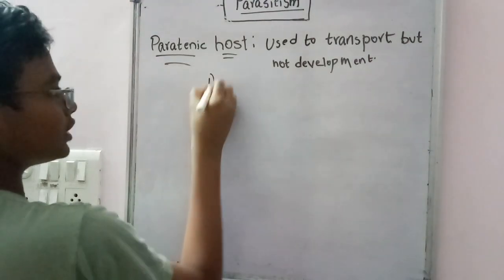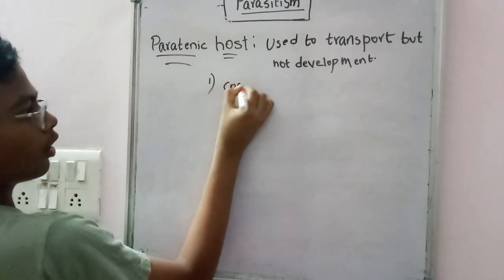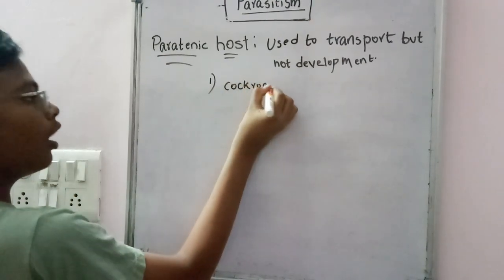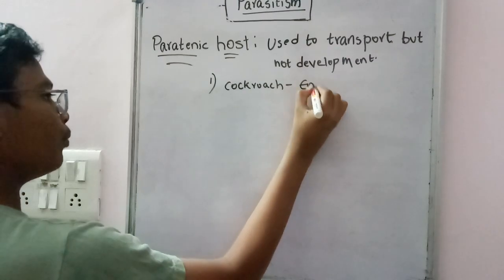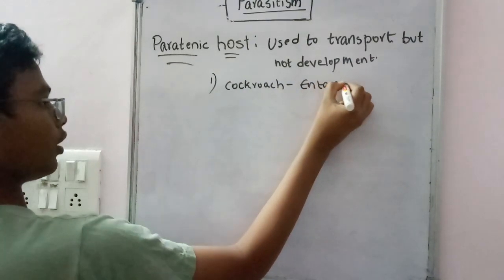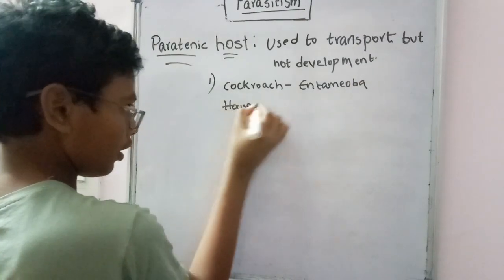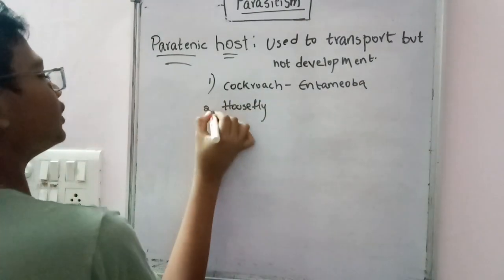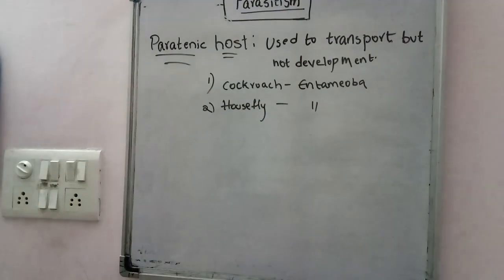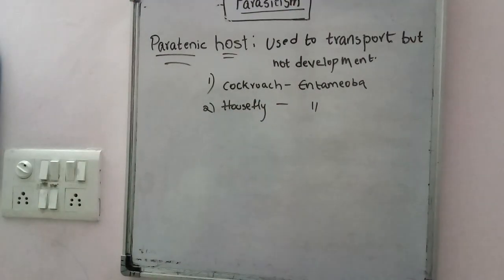Examples you can take: first one as cockroach for Entamoeba, and then you can take housefly for the same Entamoeba. So this is about paratenic host.